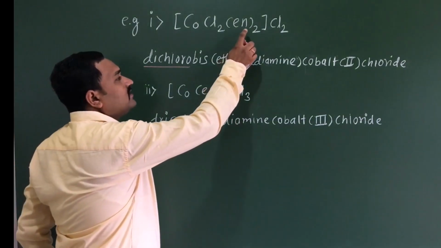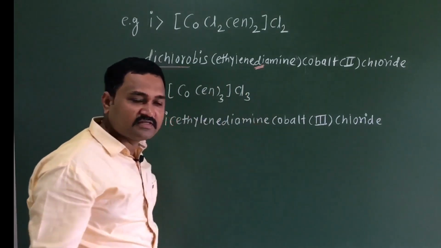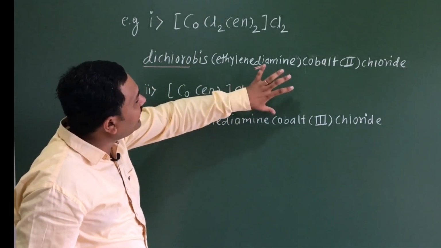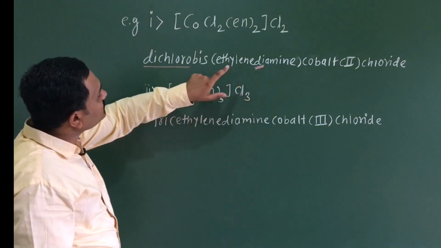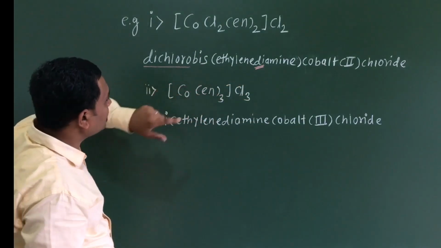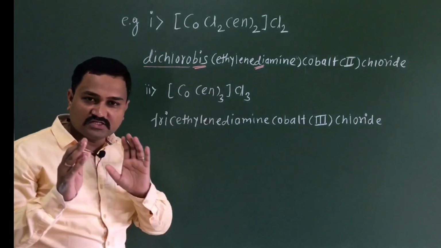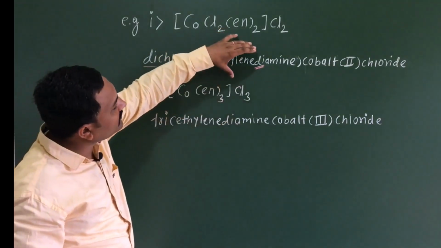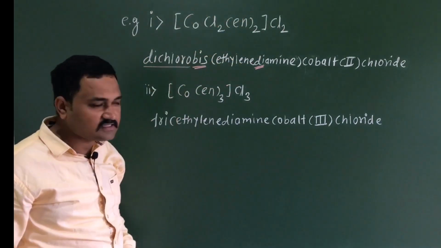But we know that ethylene diamine already has a prefix in its name, that is the di in diamine. Hence we cannot use the simple prefixes; we are going to use special prefixes here. So bis is the prefix which is used before the name of these ligands, and the names of the ligands are written in parentheses.